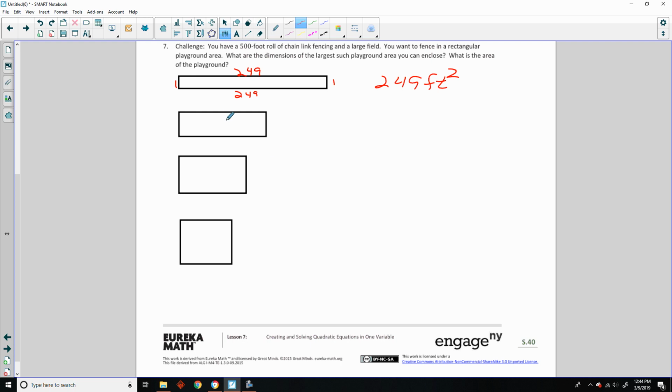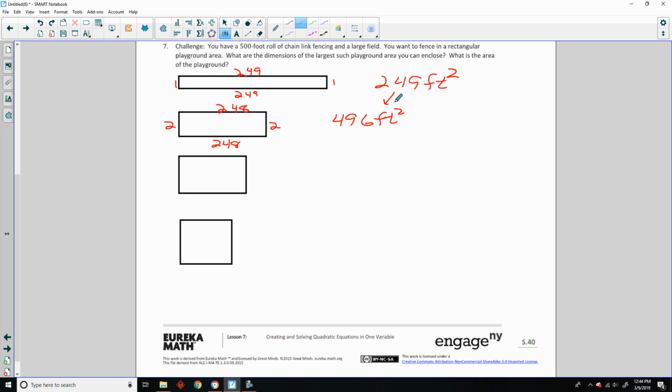But if I extend this out, and let's just make this 2 and this 2, this would be 248 and this would be 248, because 248 plus 2 is 250, and 250 and 250 is 500. So now this area is 248 times 2, which is 496 feet squared.